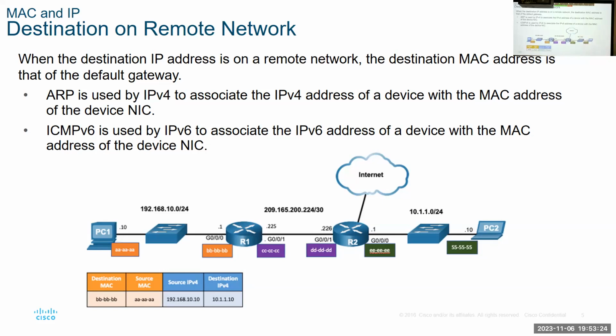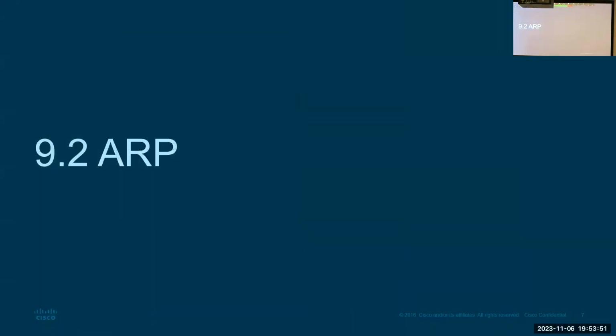The IP address stays the same throughout the journey. With IPv6, it uses an ICMPv6 type of packet called neighbor discovery. It's similar to ARP, but it's a multicast rather than a broadcast, because there's no broadcast in IPv6.